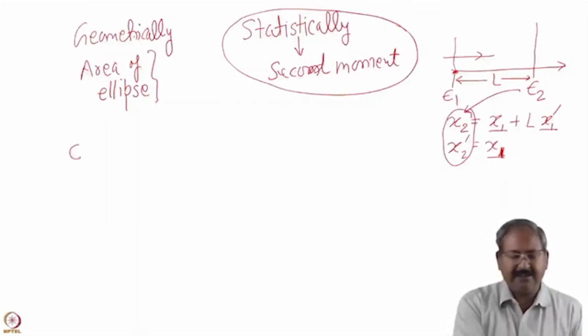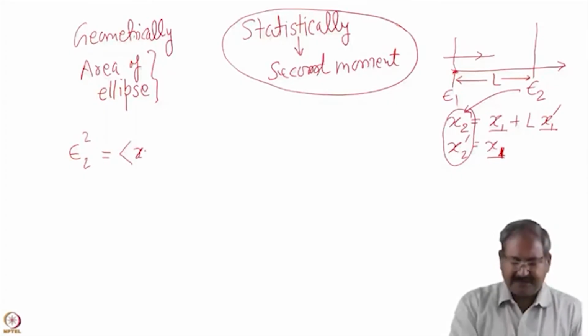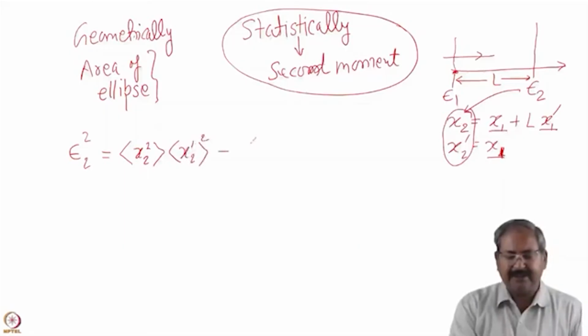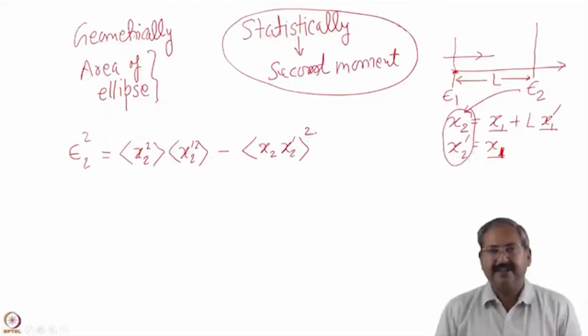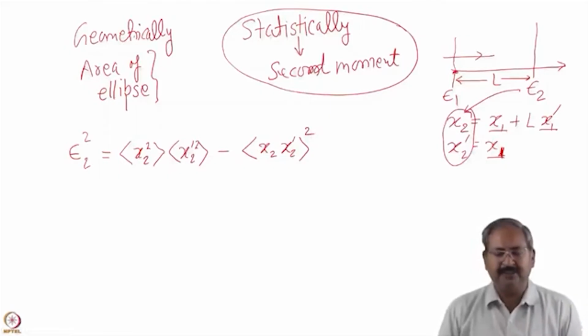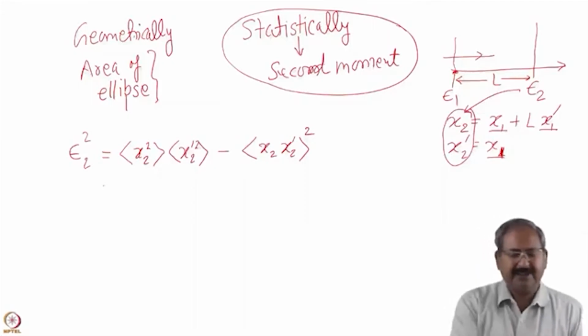Emittance 2 squared is equal to x2 square times x2 prime square minus x2 x2 prime, all squared. This is the emittance at the location 2. Now put all these variables in terms of the initial condition.